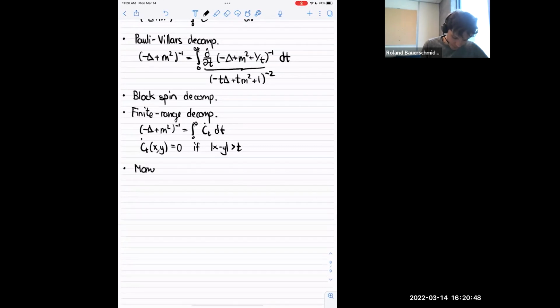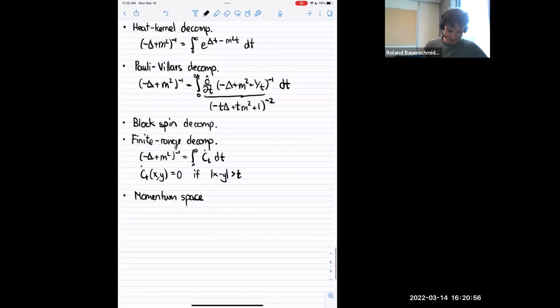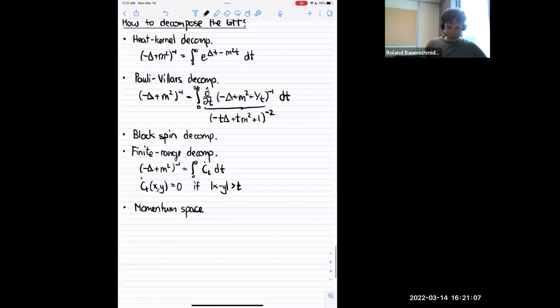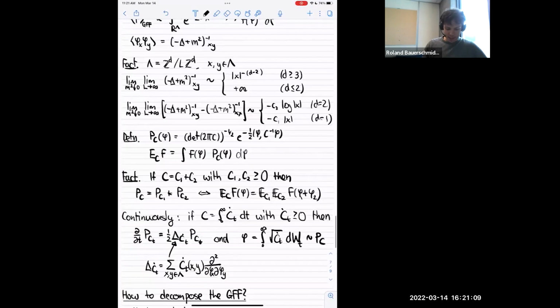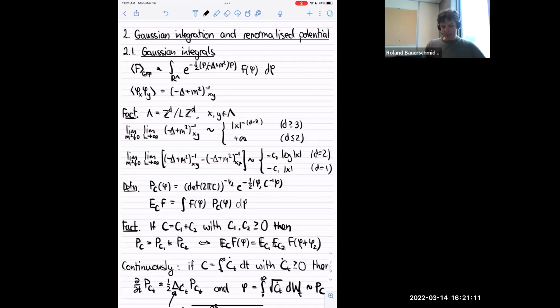Roland? Yeah. Maybe I'm a bit lost. I don't really understand why you need to introduce such a decomposition. So I agree that all these are decompositions of this resolvent, but it's not clear to me why you... Yes, I will explain this more. So in some sense, we have this free field, and it has these correlations which are very singular, right?